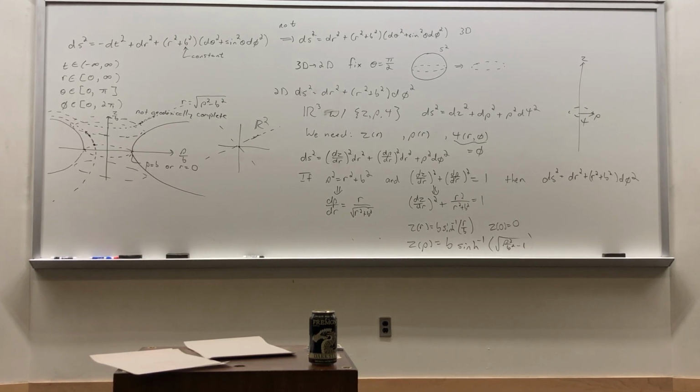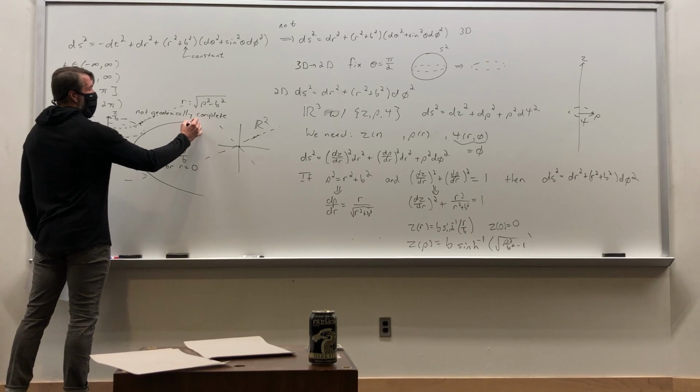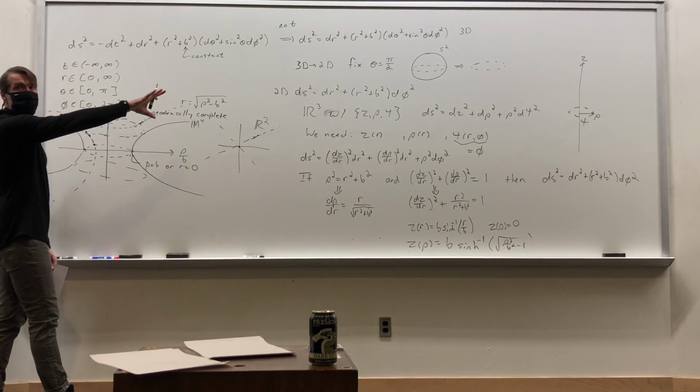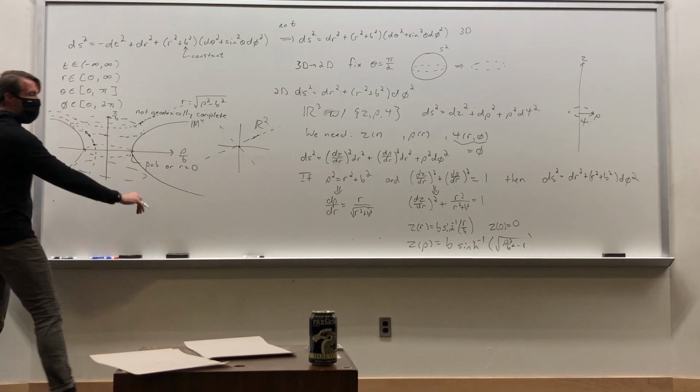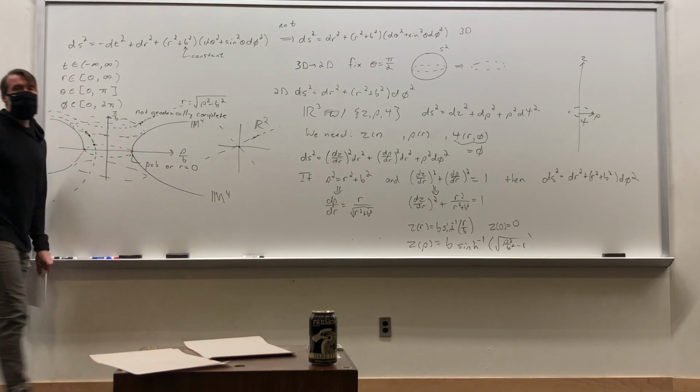It's a wormhole. It's a wormhole which connects what is ultimately something which is asymptotically flat space in 4 dimensions, it's infinite, to another copy of asymptotically flat 4-dimensional space.